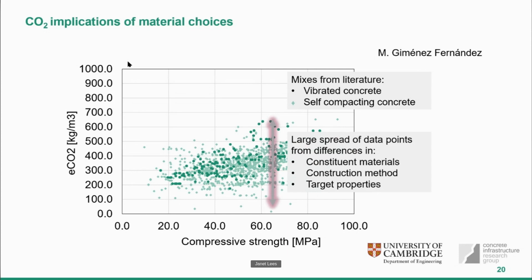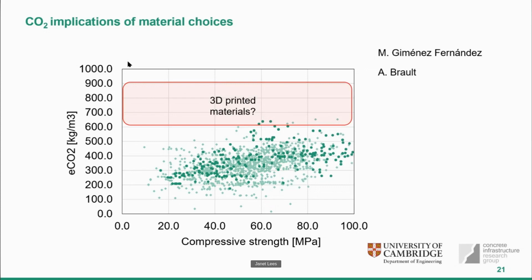And I think really a strong plug here is that even within our fairly conventional concretes, if we have good understanding of performance requirements, we can really push to have the lowest CO2 mix that would satisfy those. Another colleague of mine, André Brandt, then looked at papers related to 3D printed materials and generally found that the ECO2 of these materials is much higher, 600 plus.